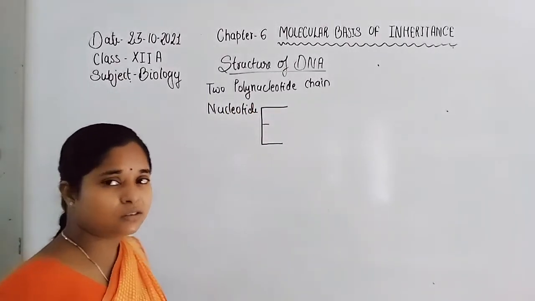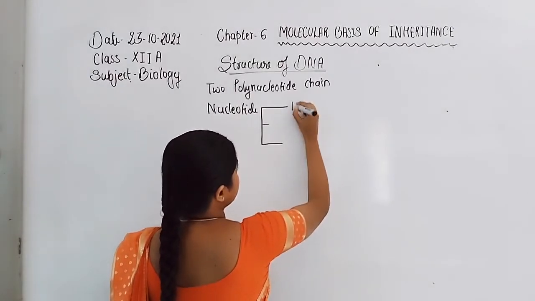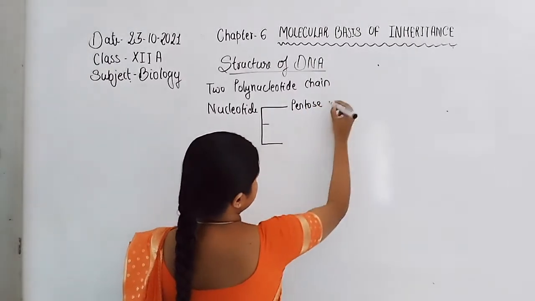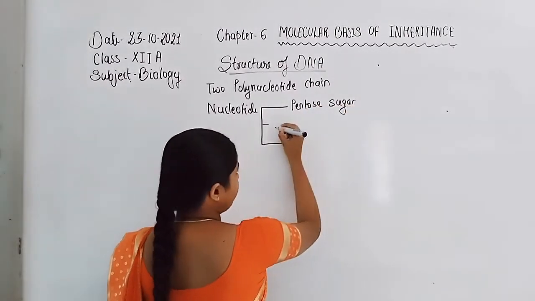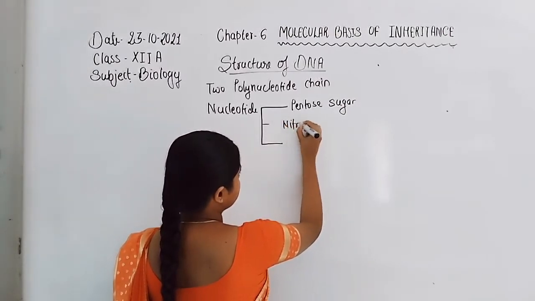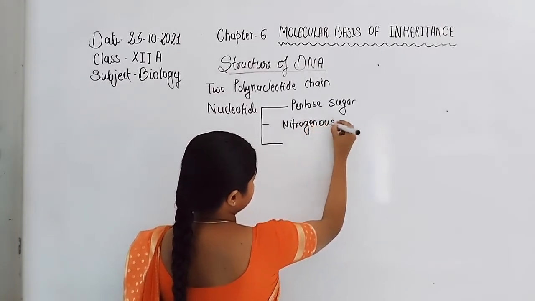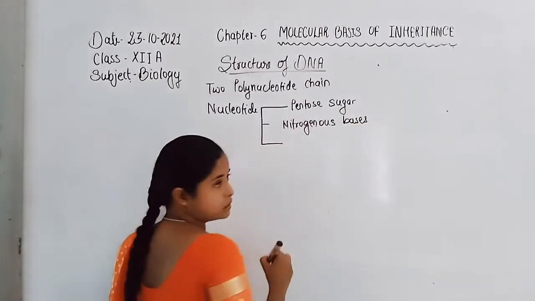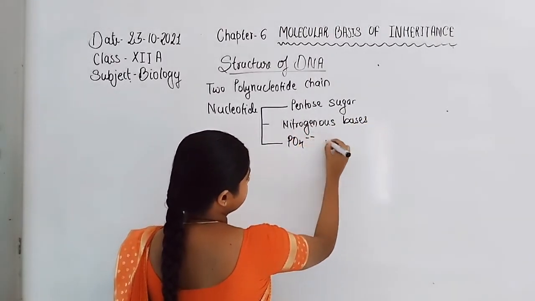These components are pentose sugar, then nitrogenous bases, and phosphate group.